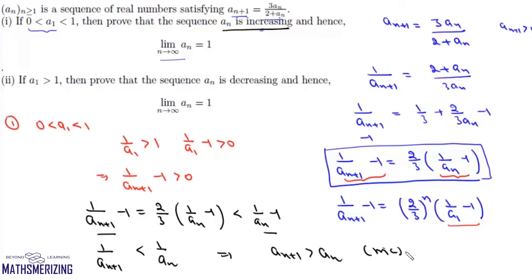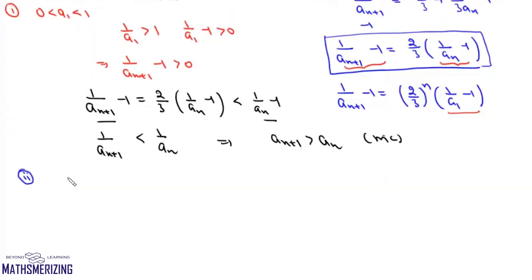Now for the second part, if we take a_1 greater than 1, 1 upon a_1 will be less than 1. That means 1 upon a_1 minus 1 will be less than 0. And if 1 upon a_1 minus 1 is less than 0, then 1 upon a_{n+1} minus 1 will also be less than 0.